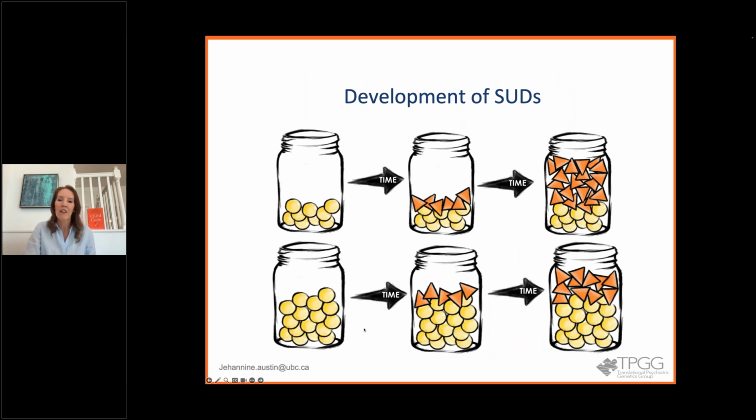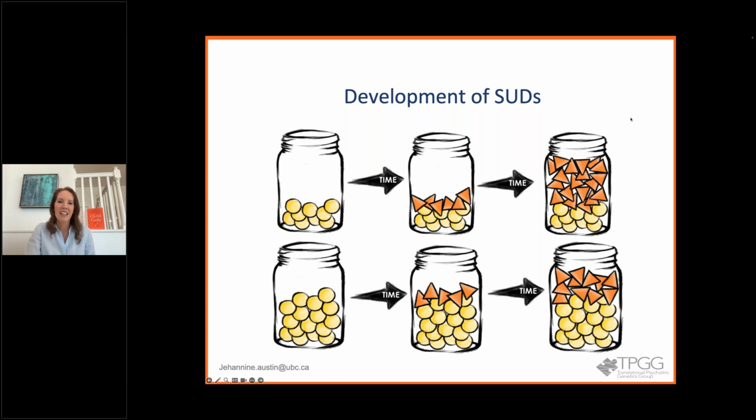And so if you have a lot of genetic risk, it might not take as many environmental stressors to essentially fill up that jar for that child to be experiencing problems. On the other hand, if you have lower genetic risk, it doesn't mean you can never develop problems. It just means there has to be a lot more environmental risk factors. So those might be things like risk factors found in peers, found in neighborhoods, found in schools, etc.